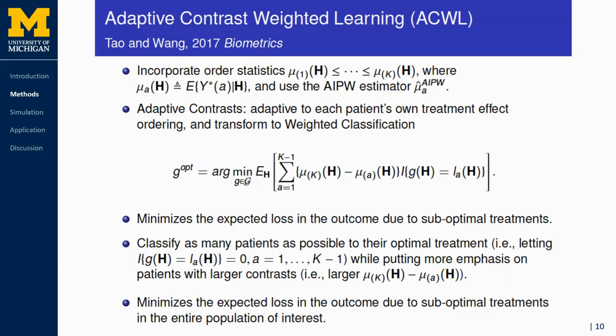And we use the maximum, the optimal one, to create a contrast. This adaptive contrast, first of all, adapts to each patient because everything is conditional on H, their own history. And secondly, it creates a weighted version of the classification.